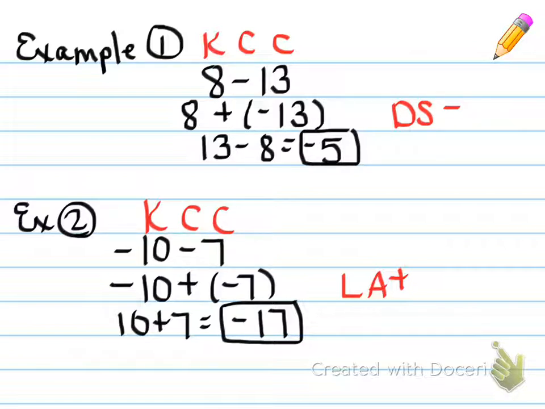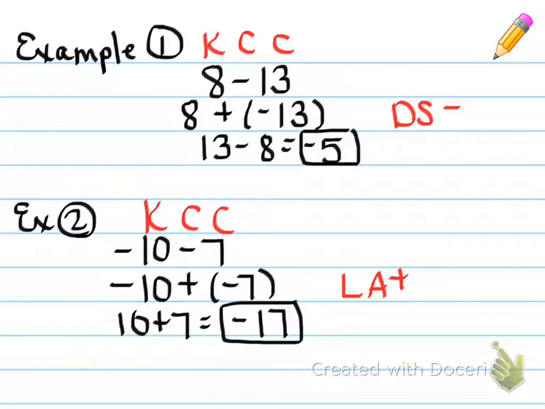So example 1 is 8 minus 13. And above those numbers I wrote KCC, for keep, change, change. So I'm going to keep the number 8. I change the sign from subtraction to addition. And I change the positive 13 to a negative 13.